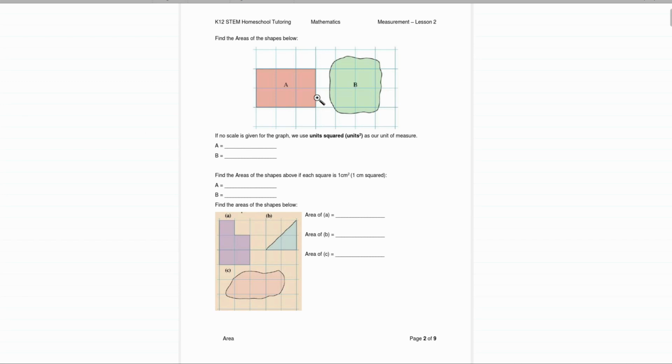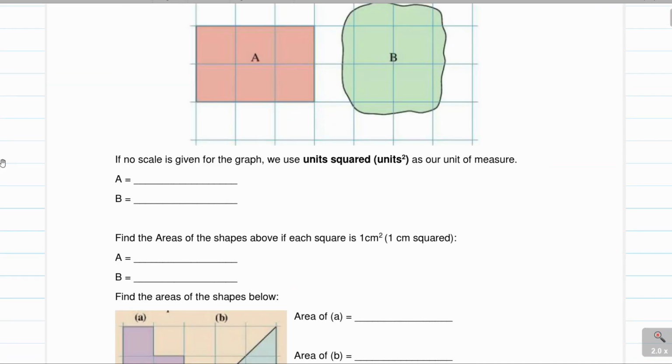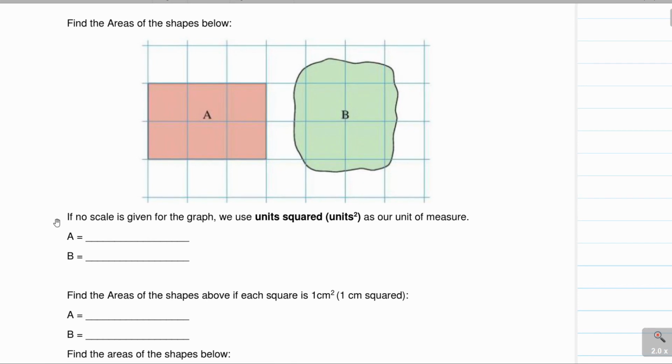Now we're going to look at finding areas of shapes when it's on graph paper, okay, or on a grid. So let's find the area of A. Now no scale is given for the graph, alright, there is no centimeters, there is no meters, there's no kilometers. So in this case we use units squared as our unit of measure. So when it's on a graph, it's a little bit easier. We could count the blocks.